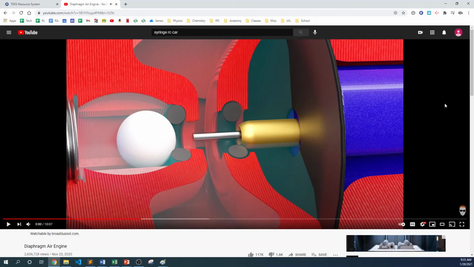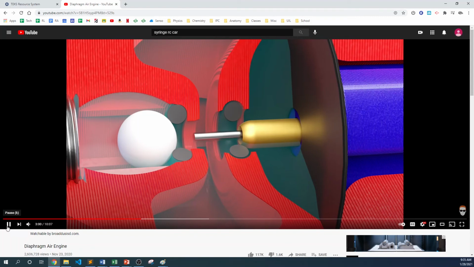Now, the end of this is basically a spinning propeller. So it's going to have some angular momentum. Unless you add a force to it, or torque, things that are spinning want to stay spinning. And so this diaphragm is going to want to keep moving back and forth because it's connected to a spinning propeller. So the angular momentum of the propeller is going to keep this moving back and forth.